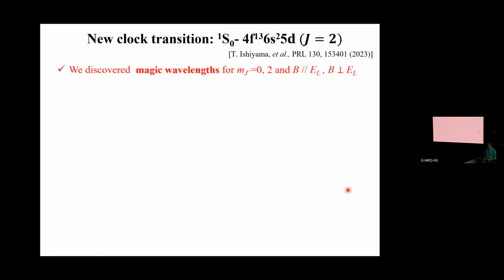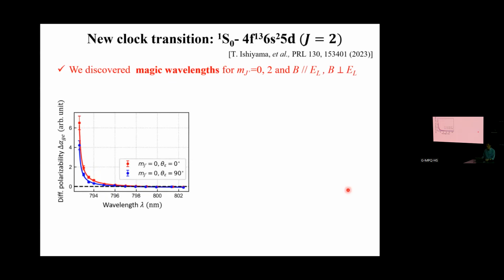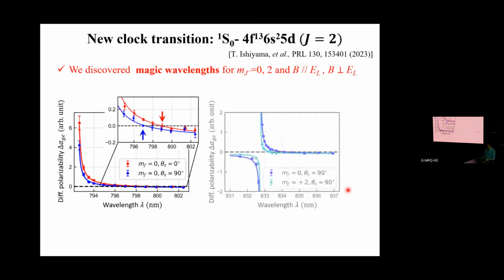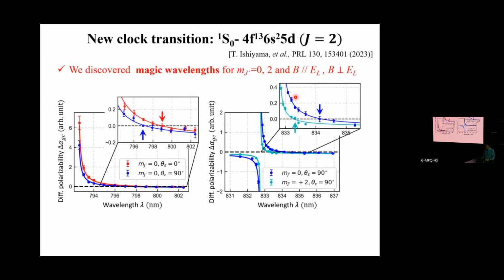One crucial issue for precision measurement and also quantum simulation is the existence of magic wavelengths. We discovered magic wavelengths for this new clock transition for various conditions, in the wavelength range here and here.